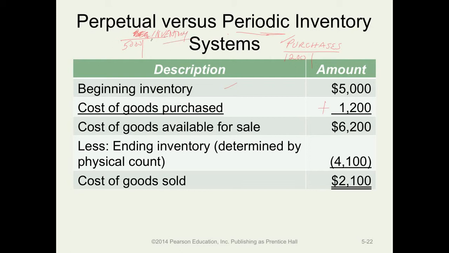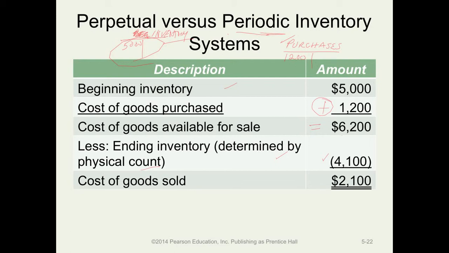You don't know what's in this inventory account until you take a physical count at the end of the year. When you add the purchases to the beginning inventory, you get something called cost of goods available for sale. Then you take a count of the inventory, it's valued, and you subtract the ending inventory of $4,100 from the cost of goods available for sale, and you get the cost of goods sold.